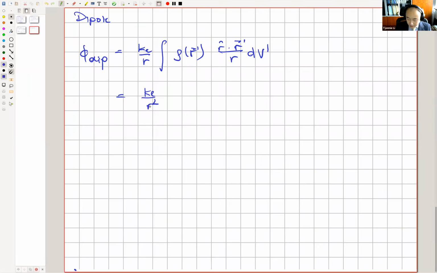I can take this R out of the integral because I'm integrating only over the prime coordinate system. And I can even take R hat out, and I'm just integrating over rho R prime like this.